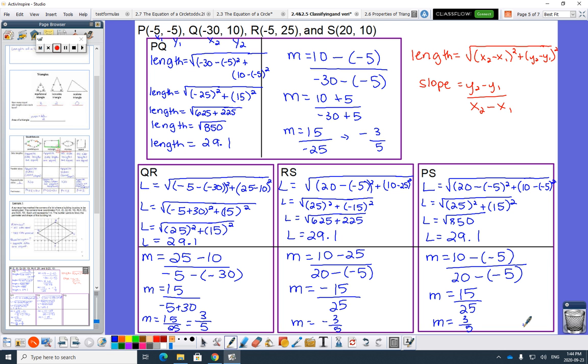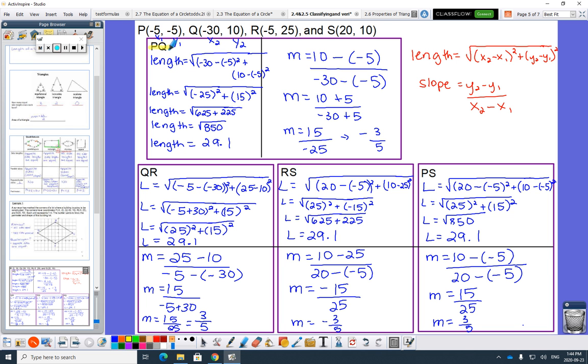Usually you have to draw a picture so you could go back and see. If you look at the picture, then it's more obvious that Q and R and P and S are opposite. If you're a color person, you want to highlight.